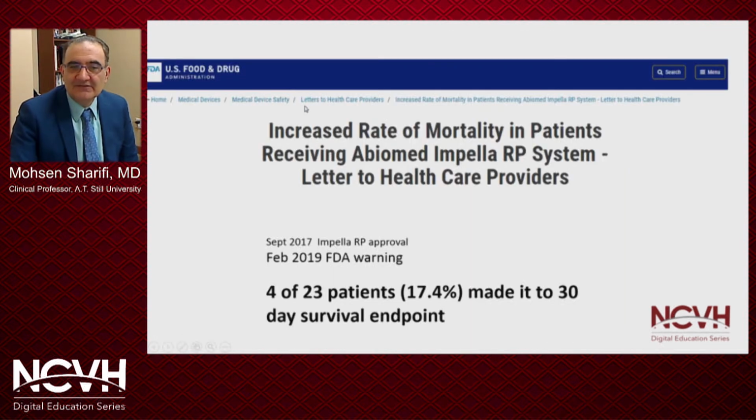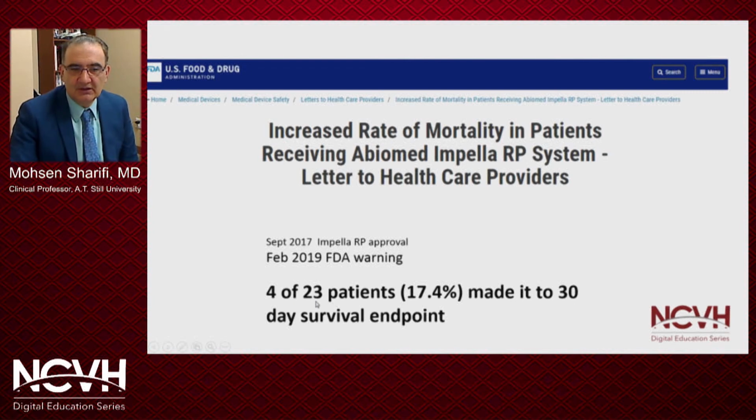Indeed, the FDA came out with a warning in 2019. In February 2019, they witnessed an increased rate of mortality in patients receiving the Impella RP system, and the letter went out to the healthcare providers. This was different.